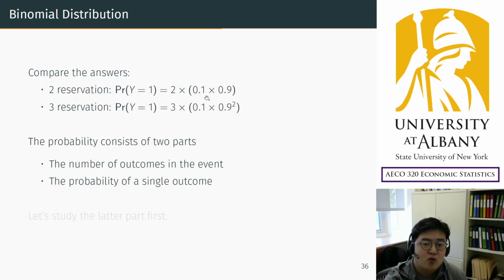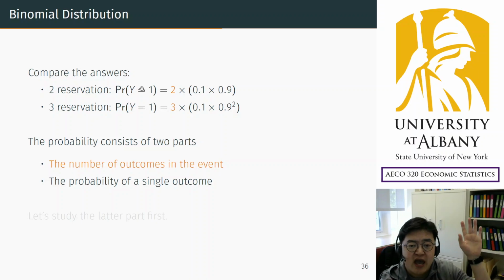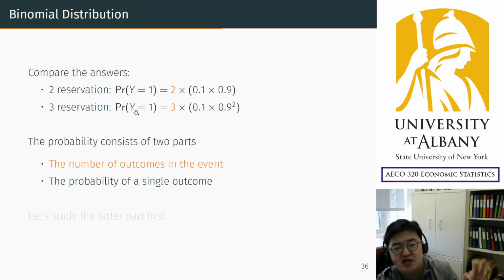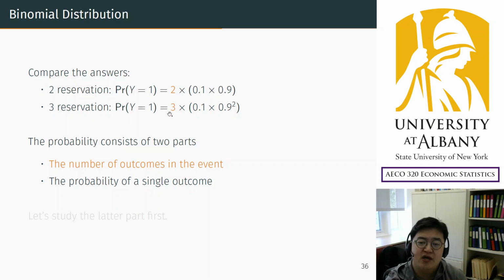Conceptually we can divide these probabilities into two parts. In the first part, we multiplied by 2 because when there are only two reservations, there are only two possible combinations that satisfy this event, right? Either A cancels or B cancels. But when there are three reservations, there are three different combinations where only one reservation is canceled: either A or B or C. So that's why we have 3 here.